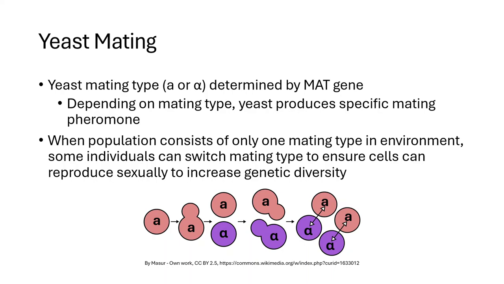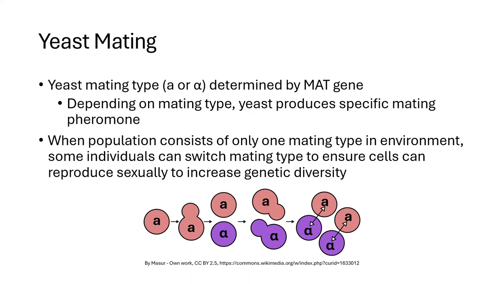And what can happen is, depending on the environment, if there are no yeast cells nearby of the other mating type, then they can actually change their genotype and switch mating types. So that way they can end up having the option to reproduce sexually if it's needed. And usually they'll reproduce sexually when there's some sort of change in the environment, because that's going to be helpful for them to be able to adapt to that environment.